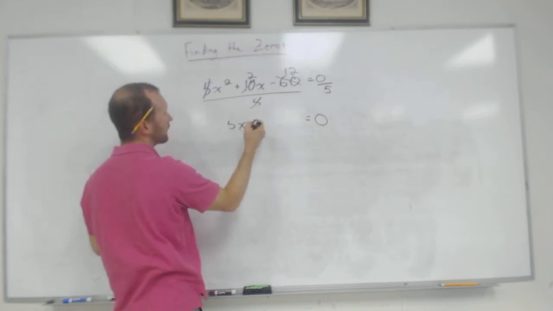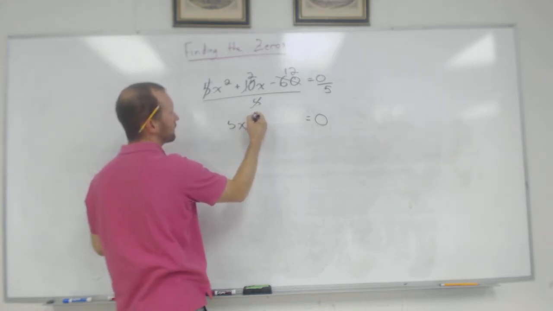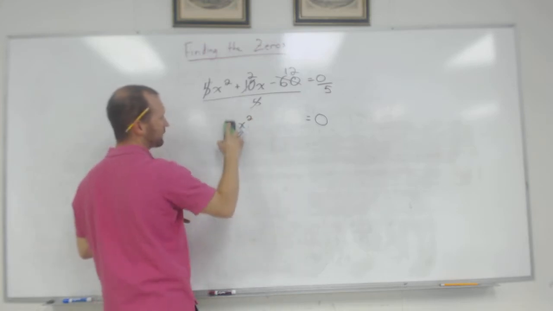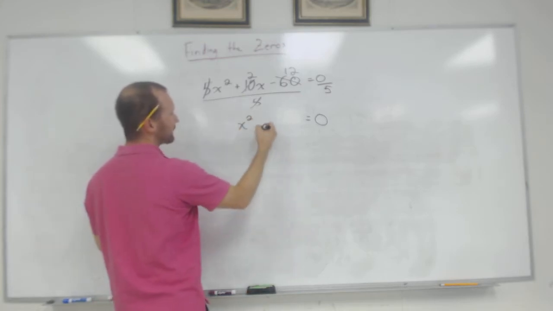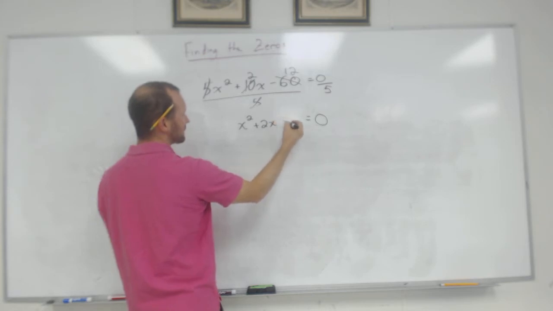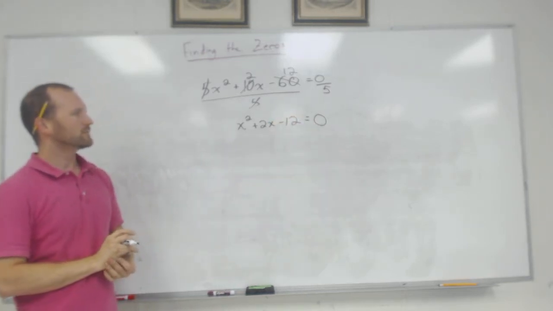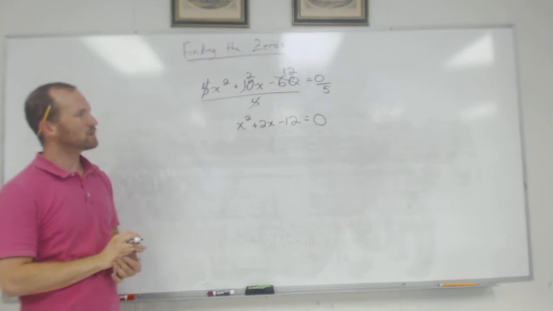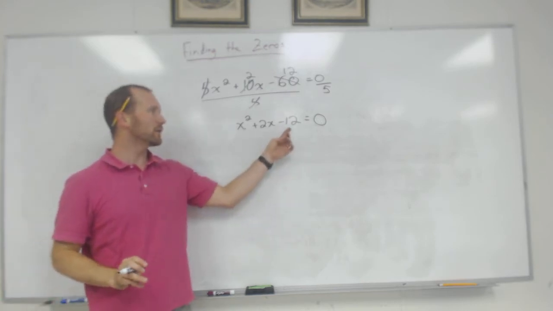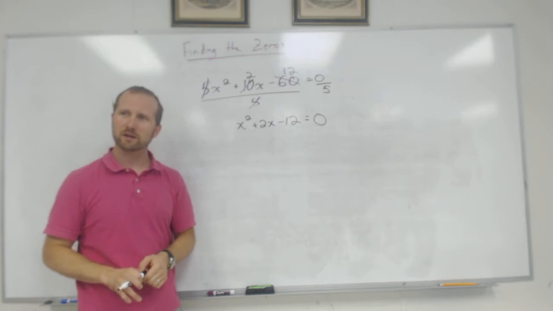Oh, I did this wrong again. Are you sure? It's x squared plus 2x minus 12. I don't know why. I was trying to do this in my head. I'm pretty sure this is not going to work, which I did not intend. Mistakes made. Because there's no factors of 12 with a difference of 2, right?